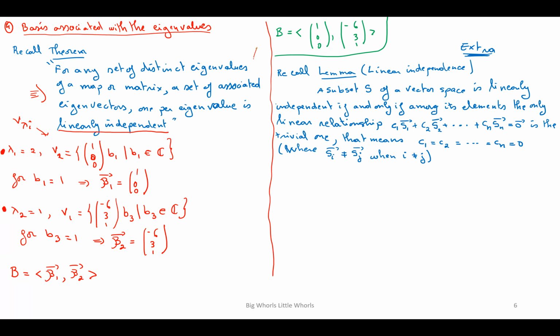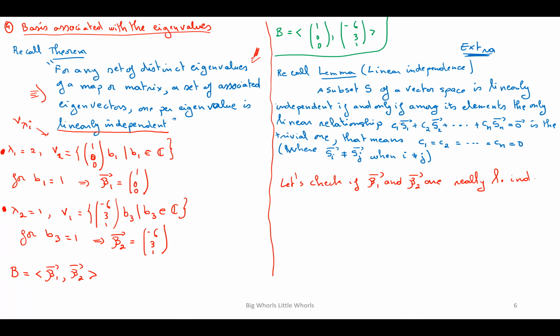The theorem here says that if we take a vector from each eigenspace and combine them, they are going to be linearly independent. That's the theorem, so the theorem must be right. So let's check if beta 1 and beta 2 are really linearly independent.